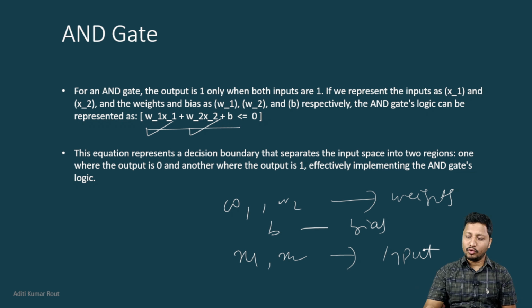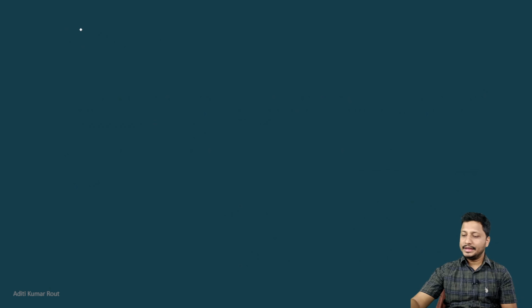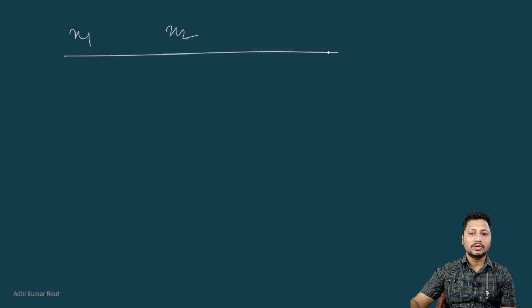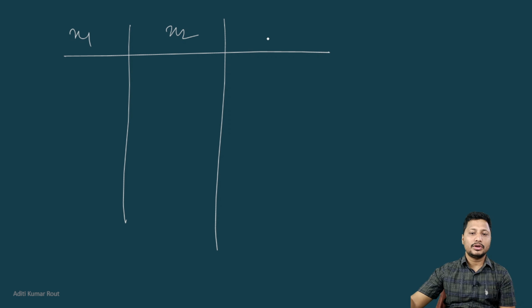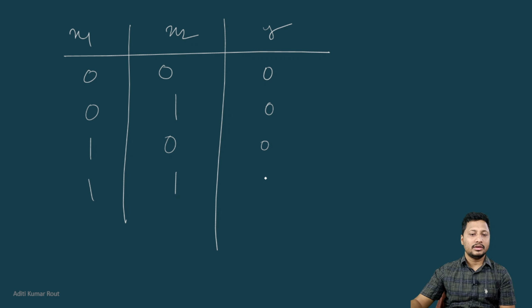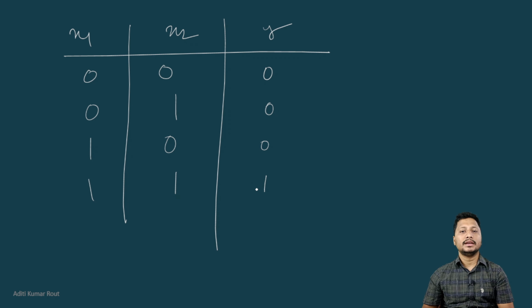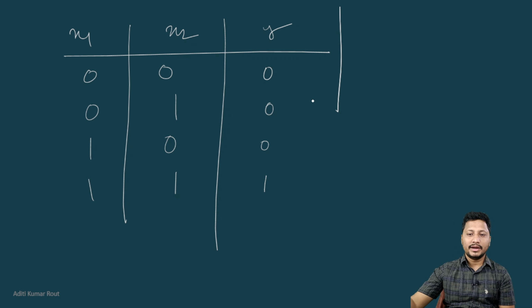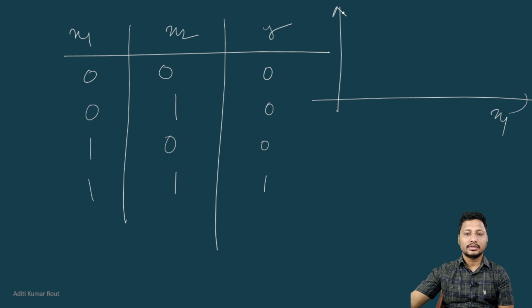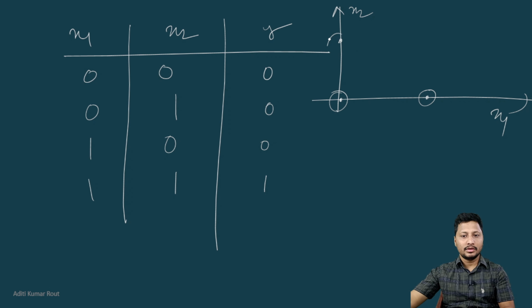Let's discuss more geometrically. If I take x1, x2 and the output y, the input combinations are 0 0, 0 1, 1 0, 1 1. But in case of the AND gate, only when the inputs are 1 1 do we get 1. If I represent it geometrically, this is x1, this is x2; here it's 0 0, here 1 0, this is 0 1, and this is 1 1.